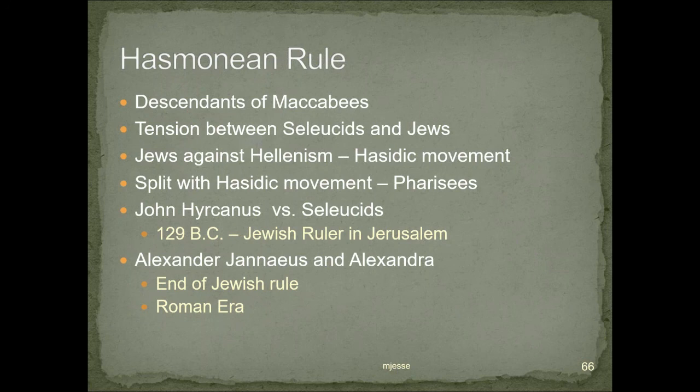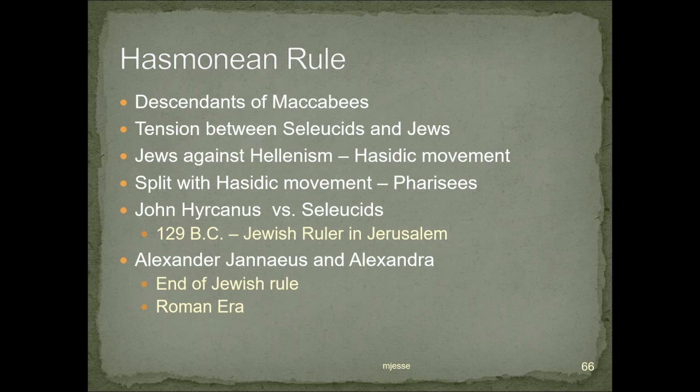And John Hyrcanus turns around and destroys Samaria and the Samaritan temple on Mount Gerizim, because it was considered an abomination to the Jewish people in regards to how the Samaritans took the Jewish faith and rewrote it in their minds and created this separate temple area on Mount Gerizim.